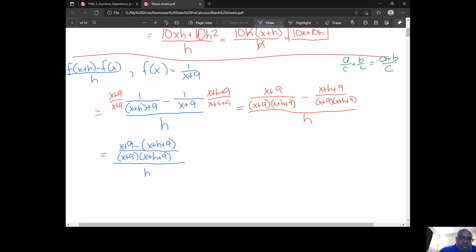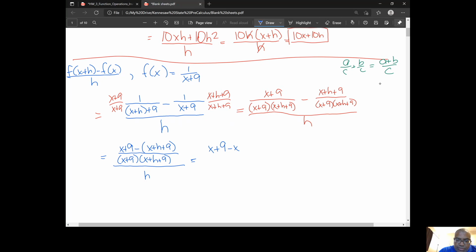Okay, so the x is negative, the h is negative, the 9 is negative. So this becomes x plus 9 minus x minus h minus 9 over x plus 9, x plus h plus 9. And that's all over h.